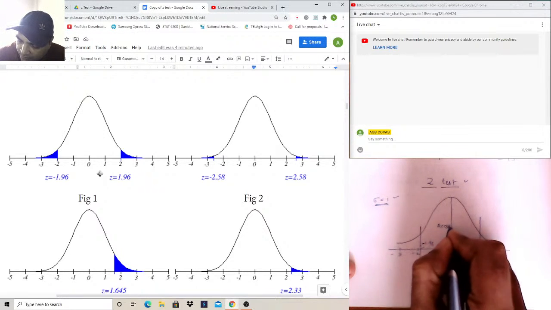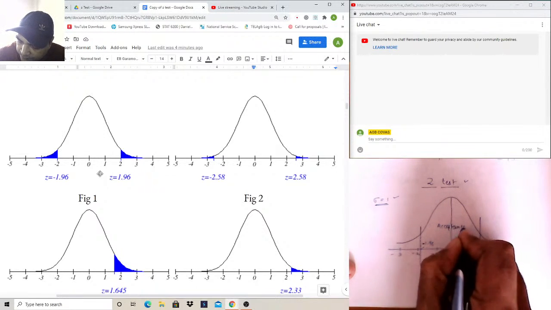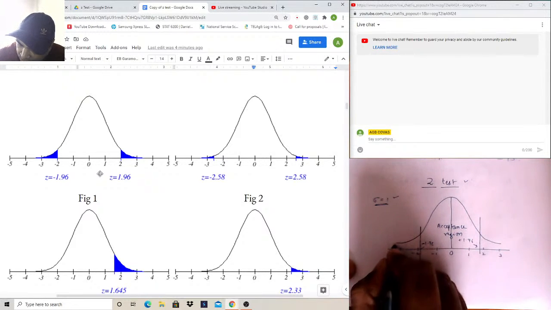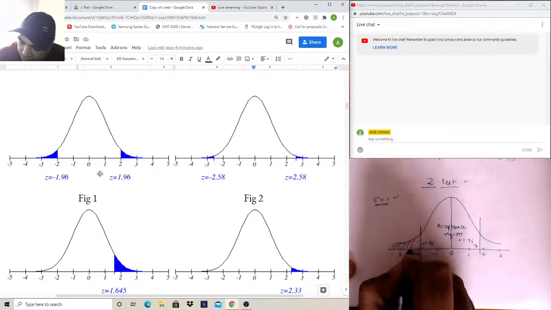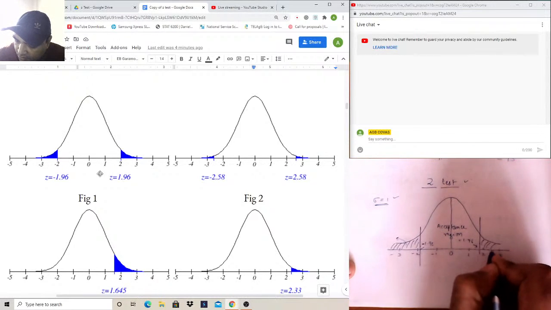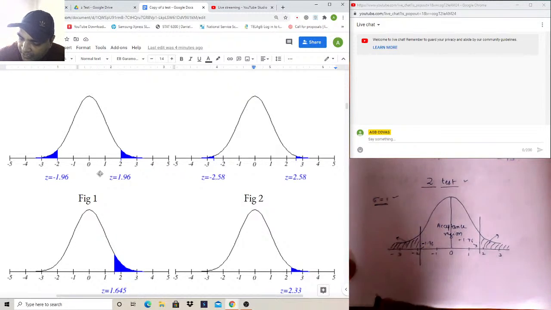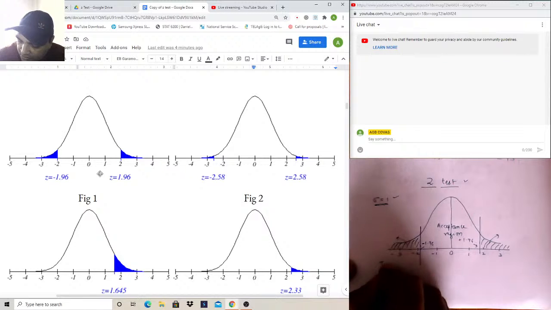This is the acceptance region. Anything outside this frame, on the left side as well as on the right side, we do not accept, and this is known as two-tailed.